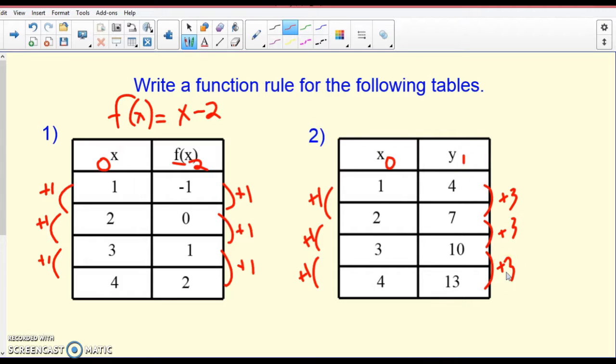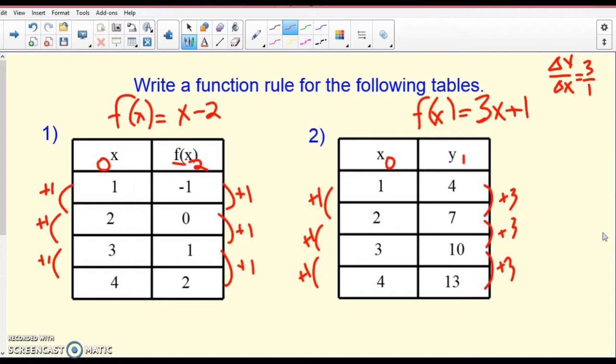Who can give me the function rule for this function? Let's see. Because this change in y over change in x is 3 over 1. That's the change in y over change in x.